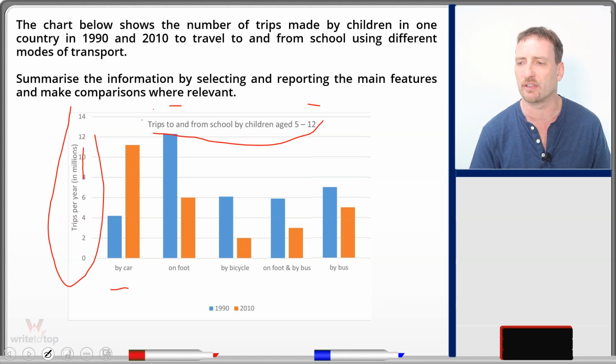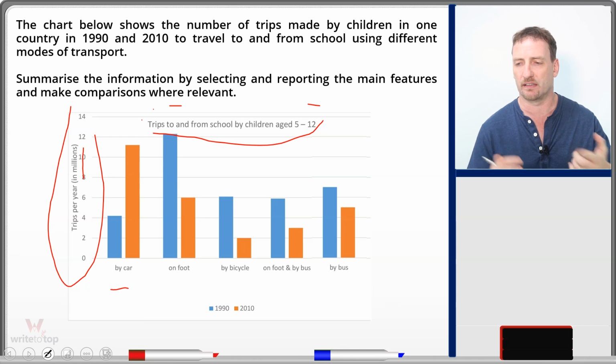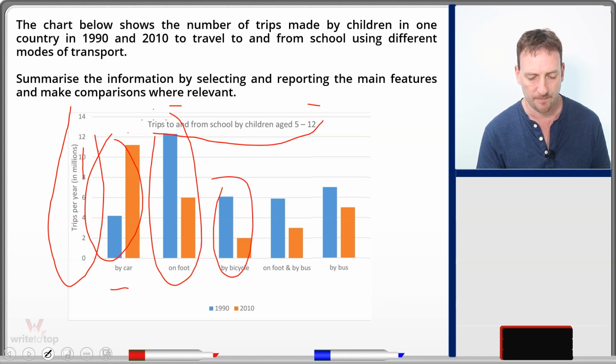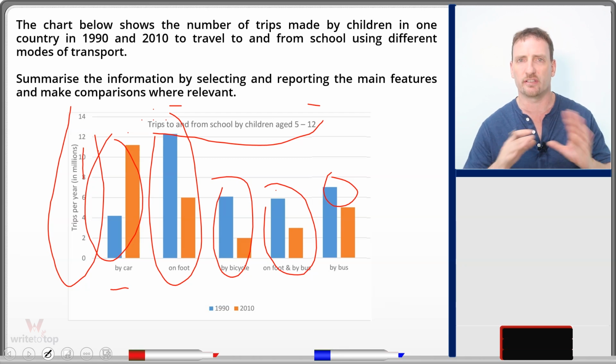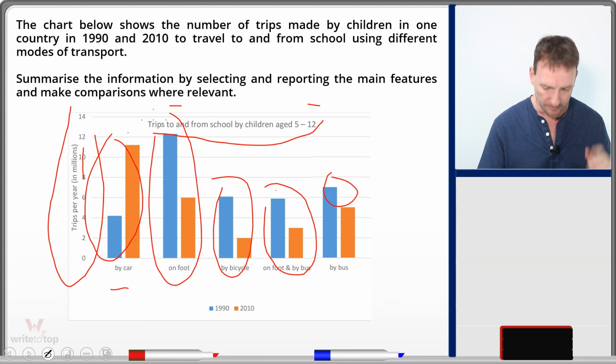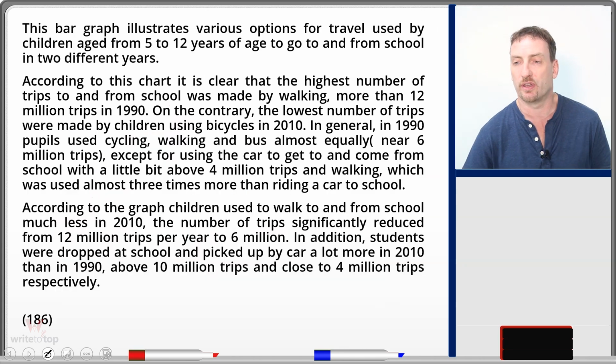So that's a main thing to keep in mind. And that the differences are pretty big between 1990 and 2010 here. The differences are pretty big here, big here, big here, and not that big here. So these are things that you should pick out right away and be prepared to speak about. Okay, let's go to the sample by the student.